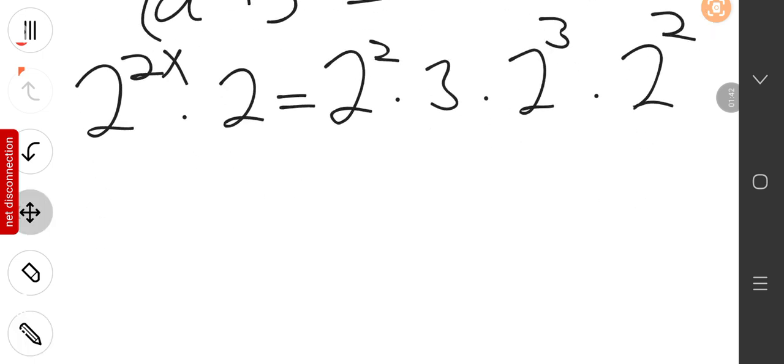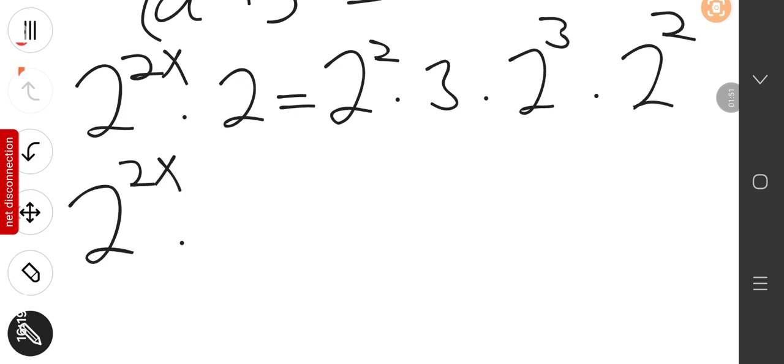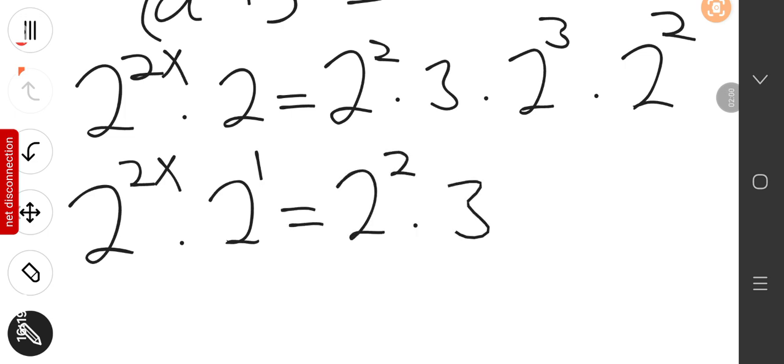Okay, so this is what we have. All right, so we know that any number has a power of 1. So we can write 2 as 2 exponent 1: 2 exponent 2x times 2 exponent 1 equals 2 exponent 2 times 3 times 2 exponent 3 times 2 exponent 2.